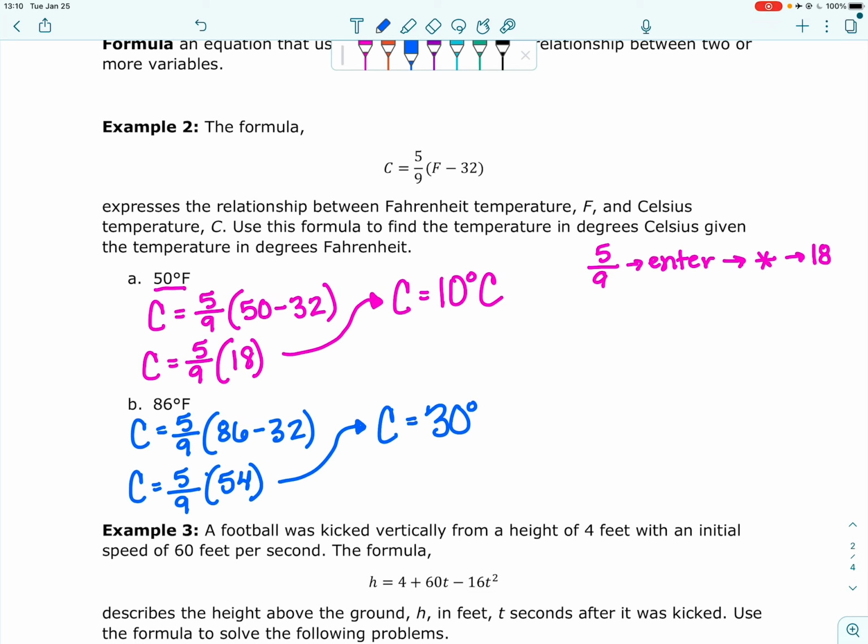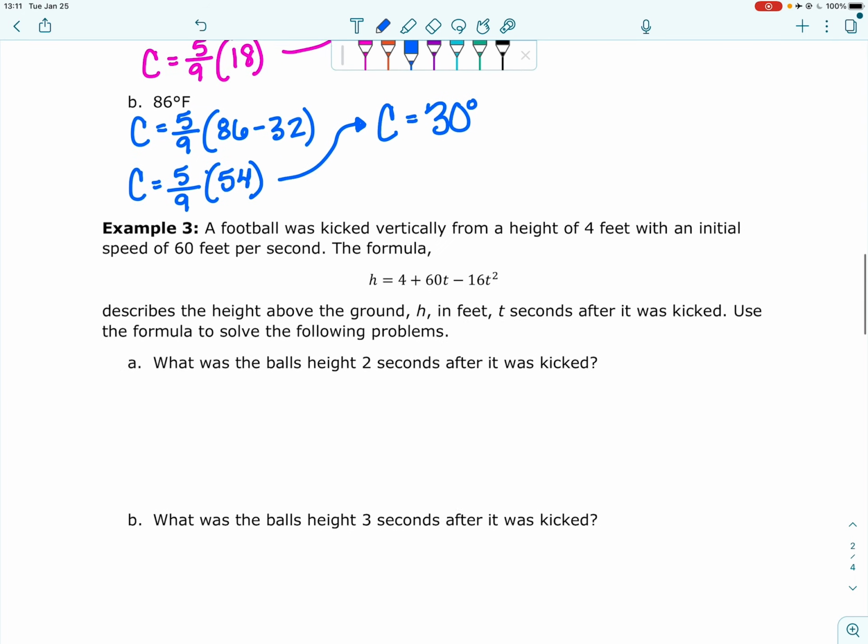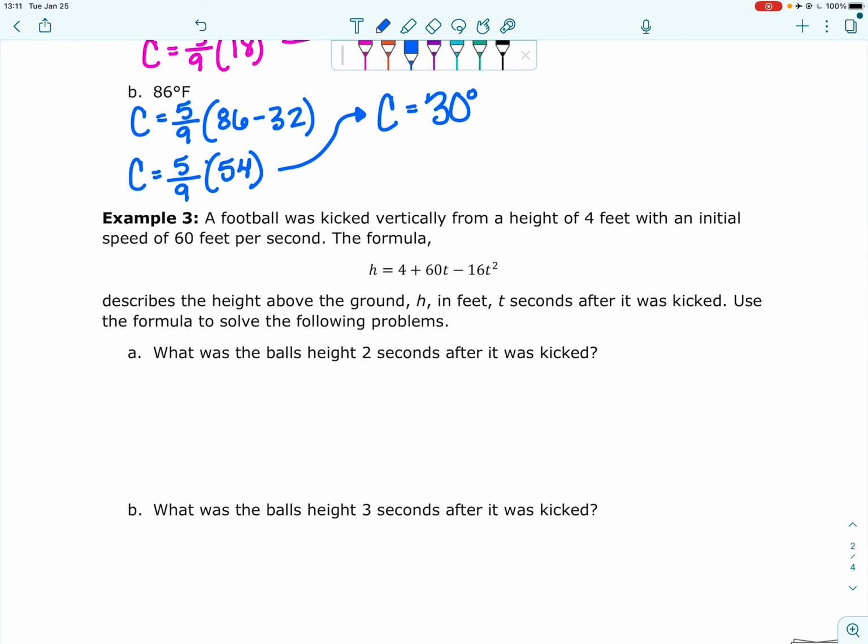And there is a formula to convert temperature from Fahrenheit to Celsius. There's also a formula that converts temperatures from Celsius back into Fahrenheit. Another formula we have here is the formula for a football if it's kicked vertically from a height of 4 feet with an initial speed of 60 feet per second.